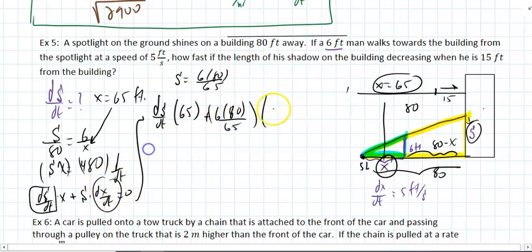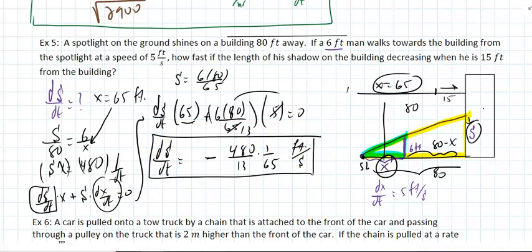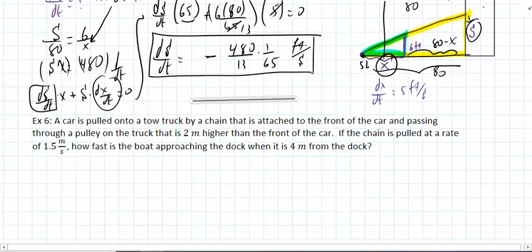And we said dx/dt was 5. Well, 5 divides 13, so ds/dt will equal negative 448 divided by 13 times 1 over 65, and that reduces, of course. The units would be feet per second, because that's length per second. Again, you could throw this in a calculator and figure out what this is.